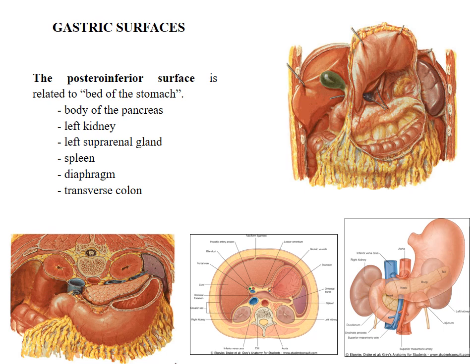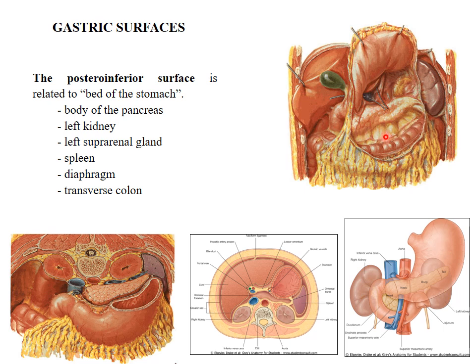The posterior inferior surface is related to many structures. These structures collectively form the bed of the stomach, lectulus ventriculi in Latin. These are the body of the pancreas, then the left kidney, left suprarenal gland, then the spleen, then the diaphragm, and part of the transverse colon.